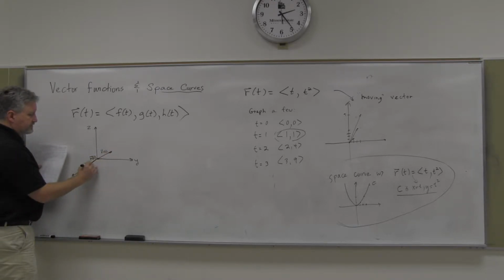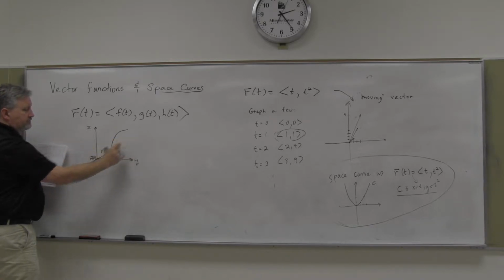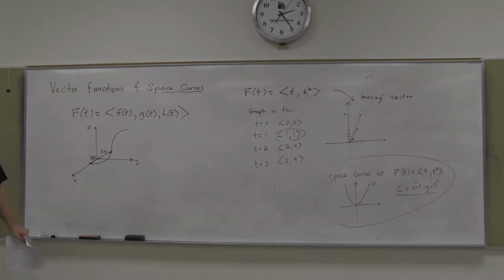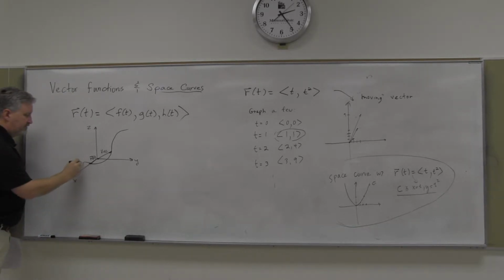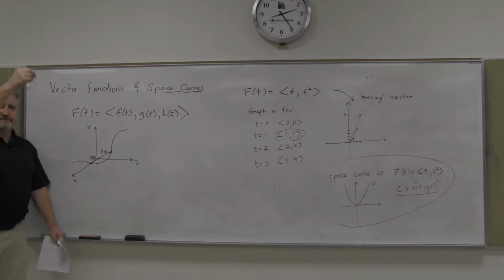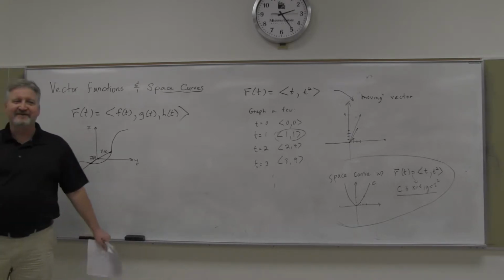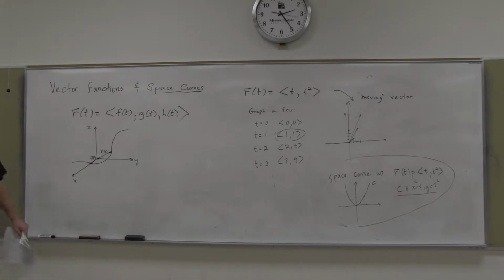R1's here, so it goes somehow to here, and then it maybe just drifts off however, and then we can go backwards. It's just winding around or whatever it's doing. It depends on the functions, right?